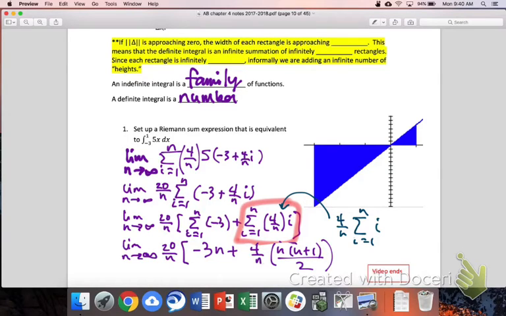So now, let's see here, the n's, the 4, so it's like 240. So I'm getting plus 40, like so.